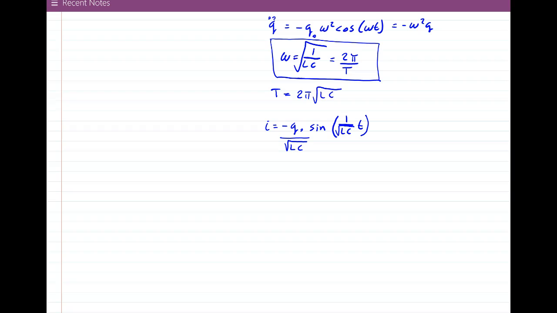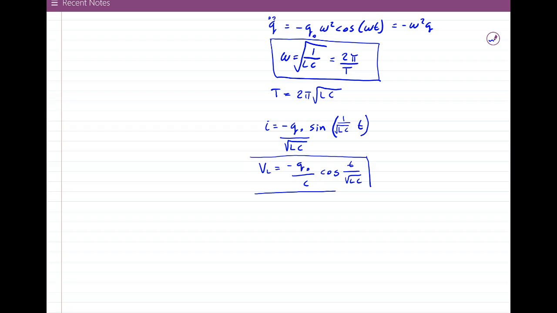So the voltage across the inductor is going to be equal to negative Q0 over LC times the cosine of t over the square root of LC. Oh, but then just multiply by L, so this L goes away. There's Q0 over C. So that's the voltage across the inductor.